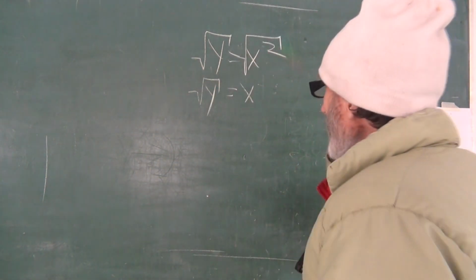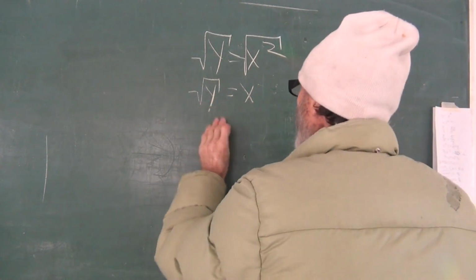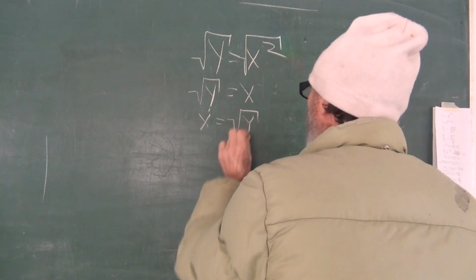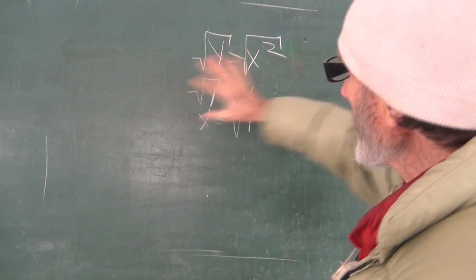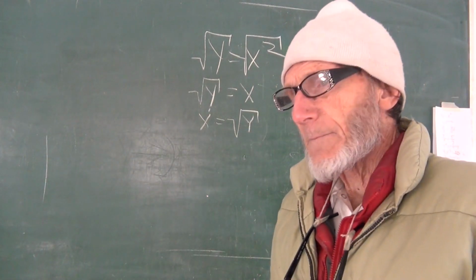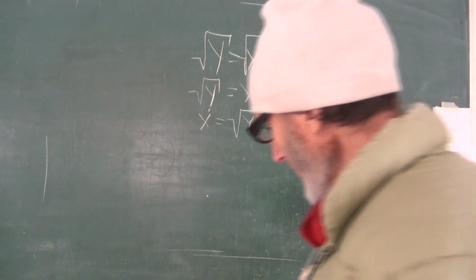Now notice here, it says x equals the square root of y, even though kids like to have x on the left, like this. I am going to do both because sometimes you write the whole problem out and the x is already on the right side, and so why flip it all around? But if you feel more comfortable just having an x on the left, you can always flip it over.